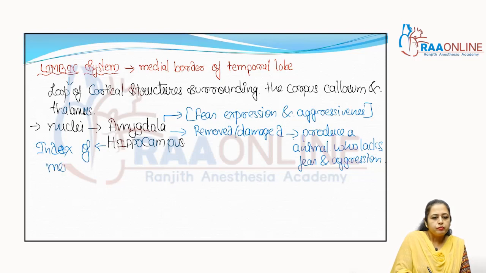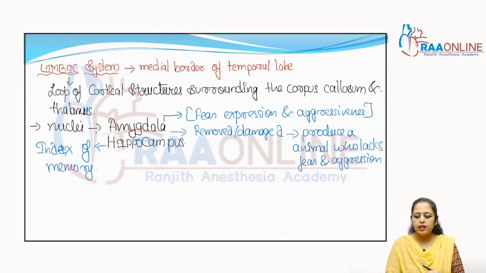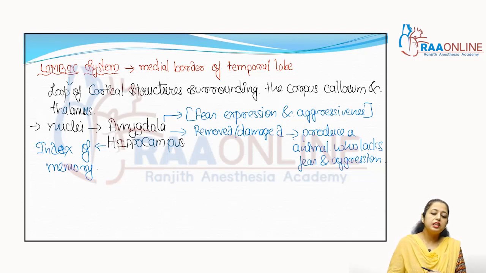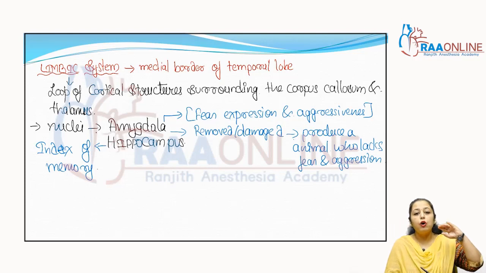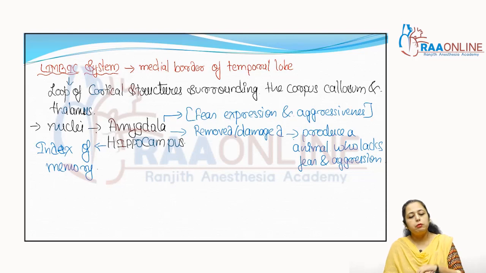Why is it called the index of memory? The hippocampus, together with the other parts of the cerebrum, helps in the formation of memory, right? It's a kind of index for recall of events with the associated memories.